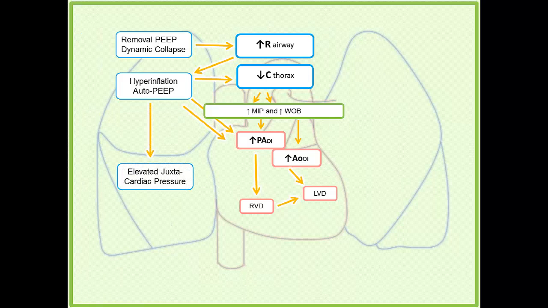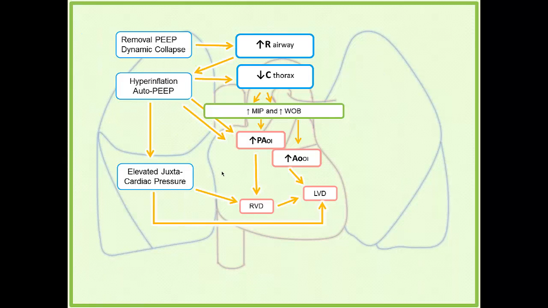The hyperinflation and auto-PEEP, before moving on, also tend to squeeze the heart like a hand from the outside because of lower lobe gas trapping. And what that does is it tends to facilitate this physiology of ventricular interdependence, because the elastance of the right ventricular and left ventricular free walls increases. That is, their compliance decreases.